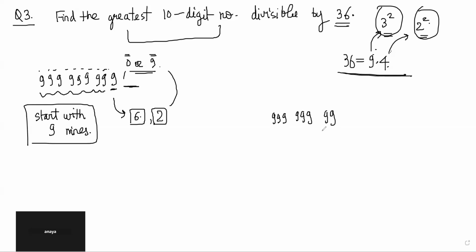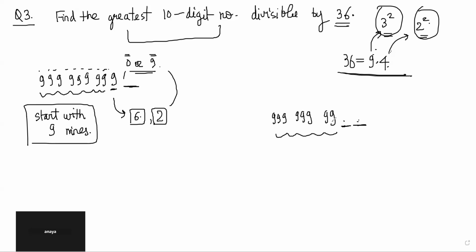We have put 8 nines and now two digits are left at the end, right? So obviously the sum of the digits of this part is anyway divisible by 9. So we need to select two digits such that their sum is divisible by 9 and also they are divisible by 4, right? Now it is very easy actually.